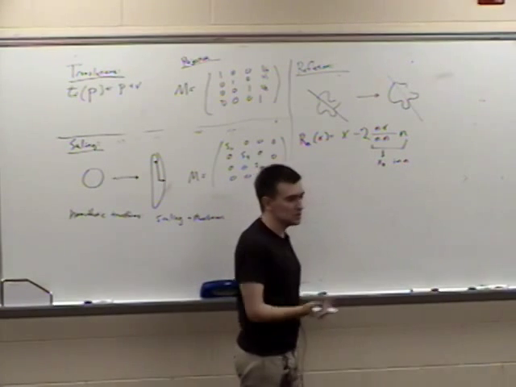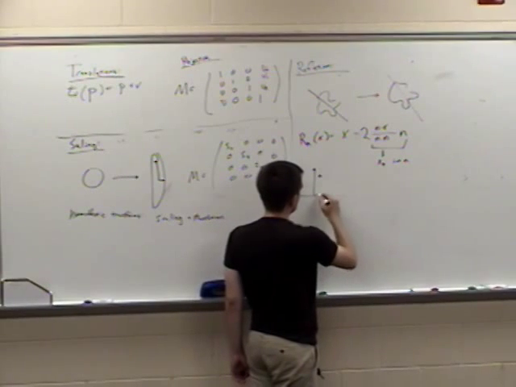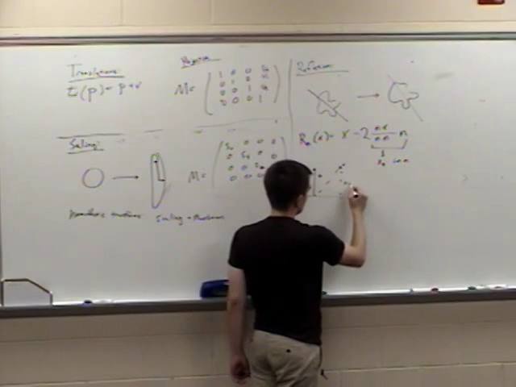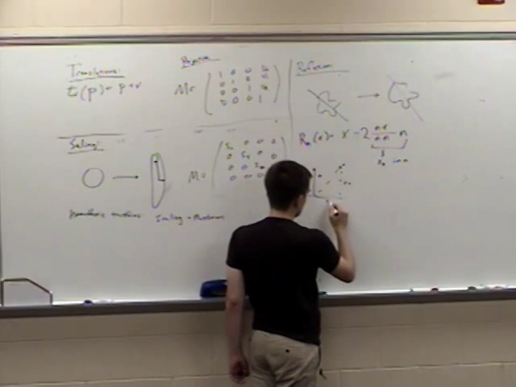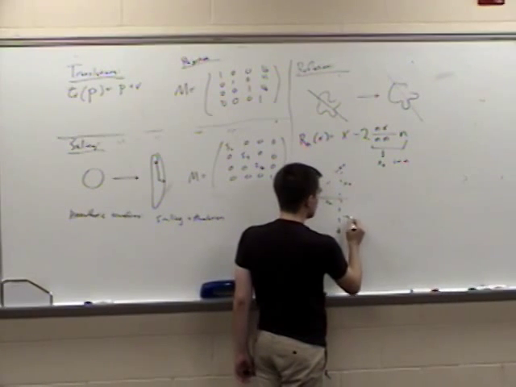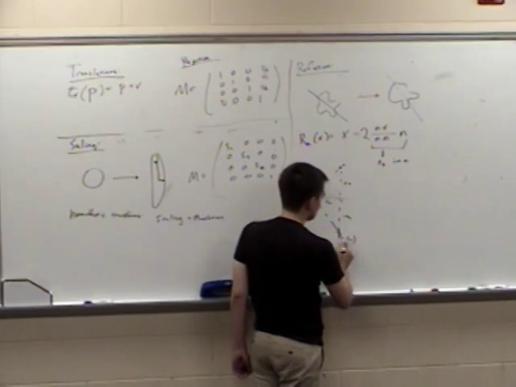So if I imagine this is my axis n, this is my vector x, this is x parallel, this is x perpendicular, this is negative x parallel, this is R_n of x.